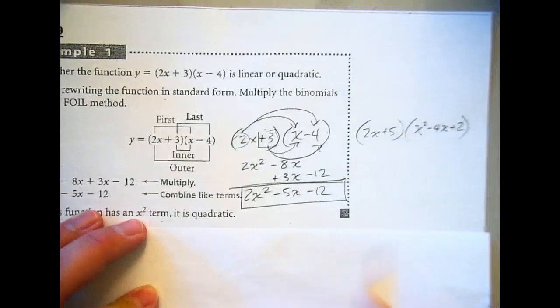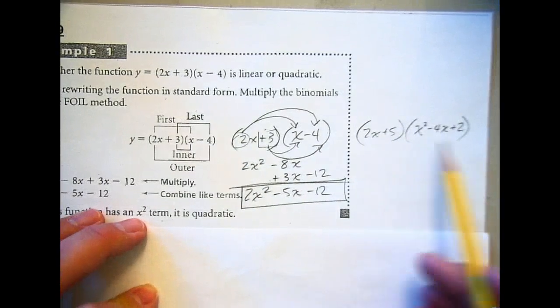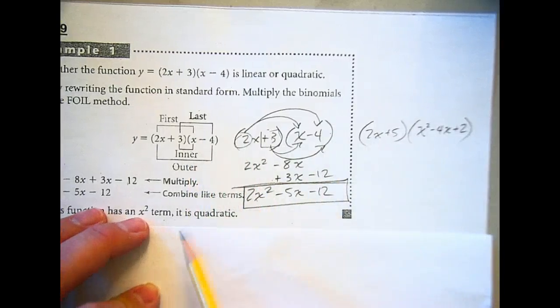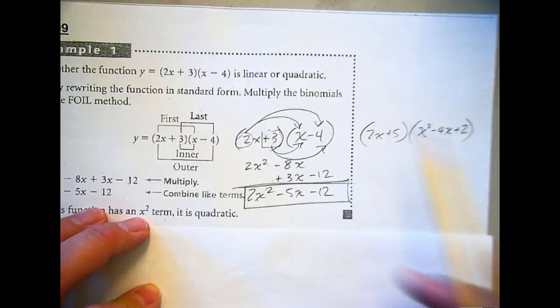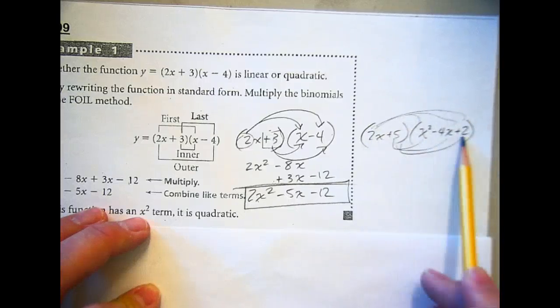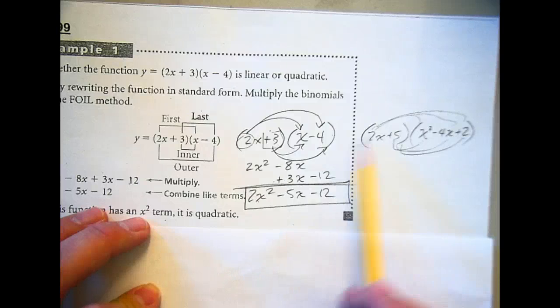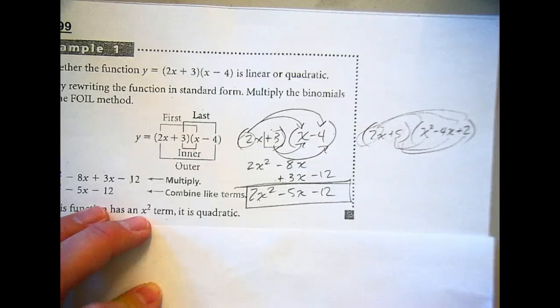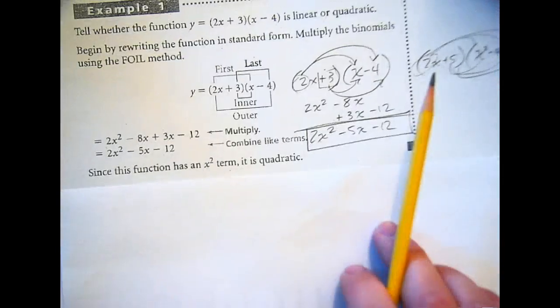Now you can't use FOIL anymore, right? Because you don't have a first, outers, inners, and last. Now you'd have to use distributive property: first term by each thing in, and second term by each other. We'll get into some of those as well.